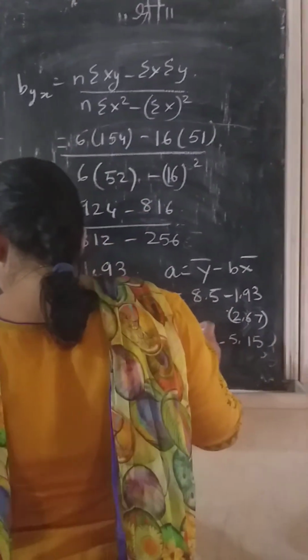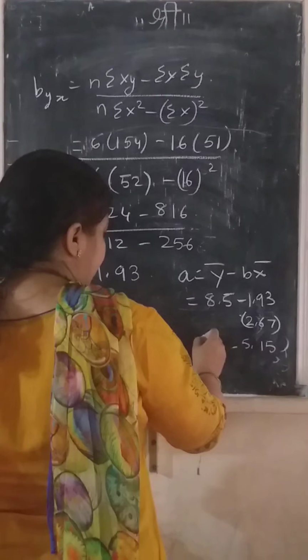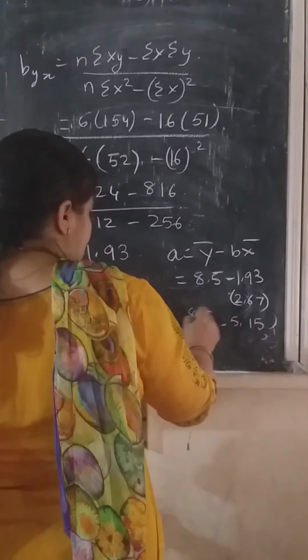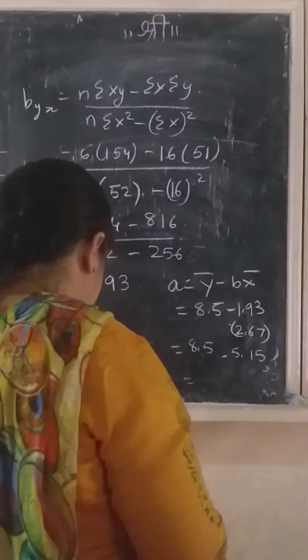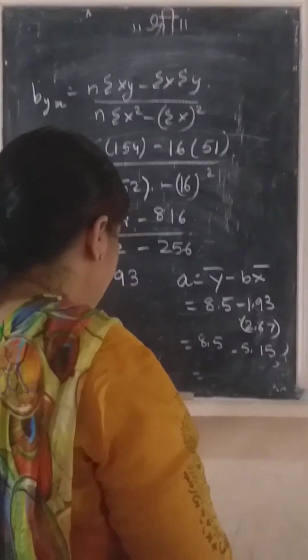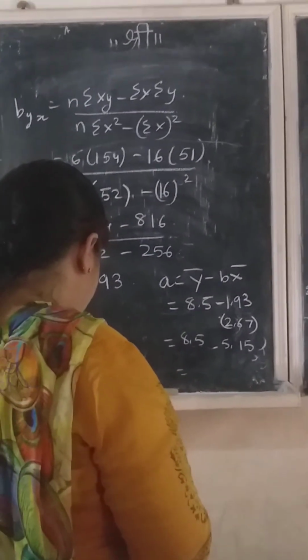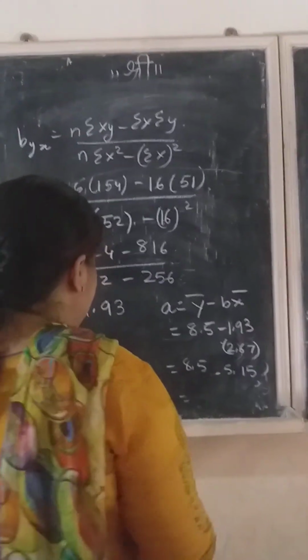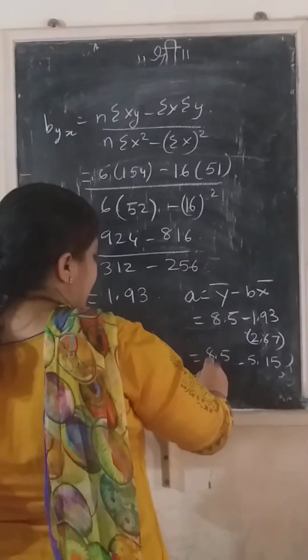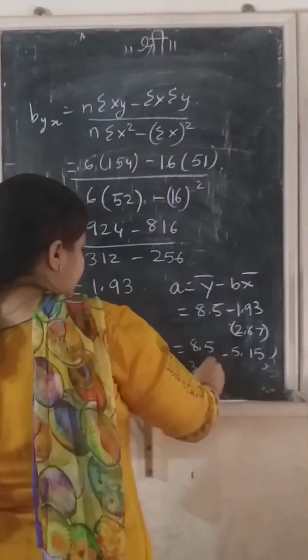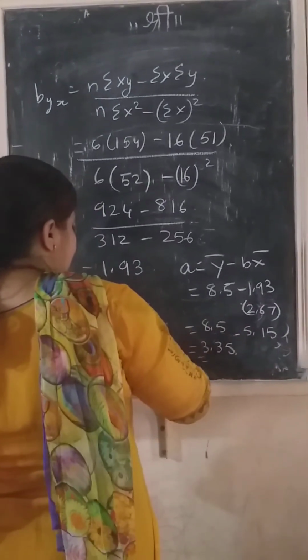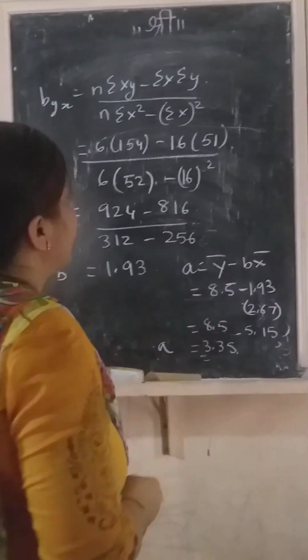And this is 8.5. So I will subtract 8.5 minus 5.15, and that comes out to be 3.35. So I got the a value as 3.35.